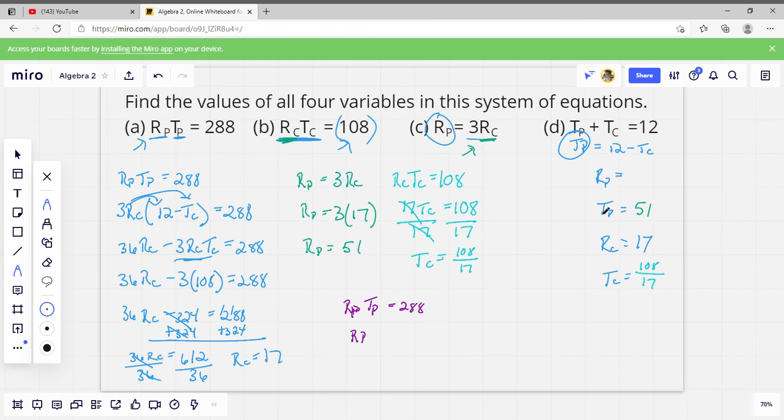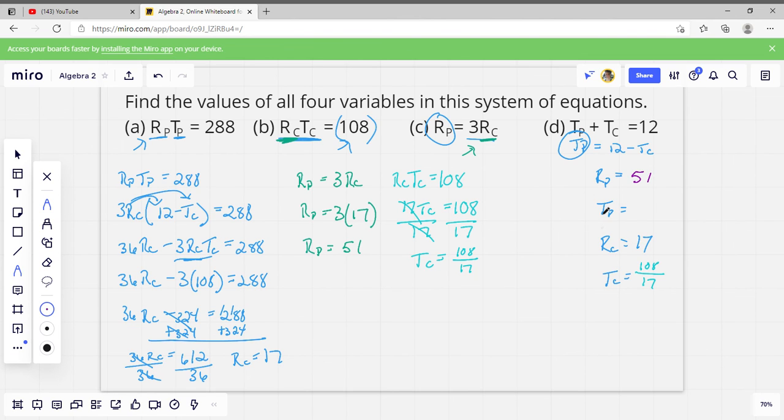Let's do this other one, it looks easier. We're looking for TP. Oh, we already found RP. RP is the one that's 51.